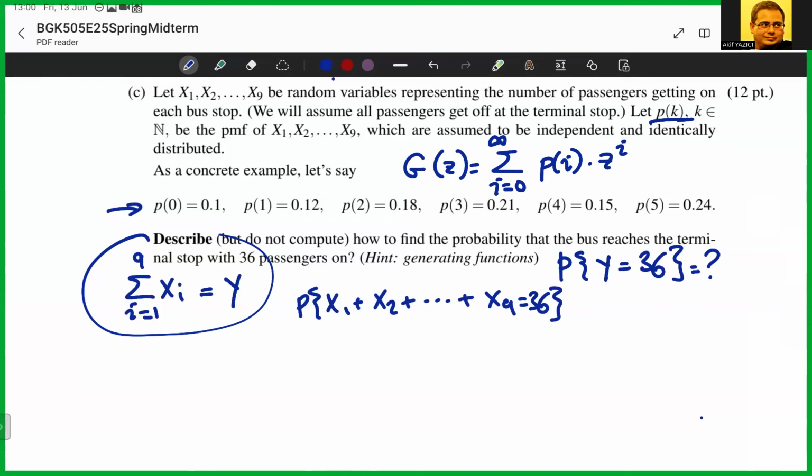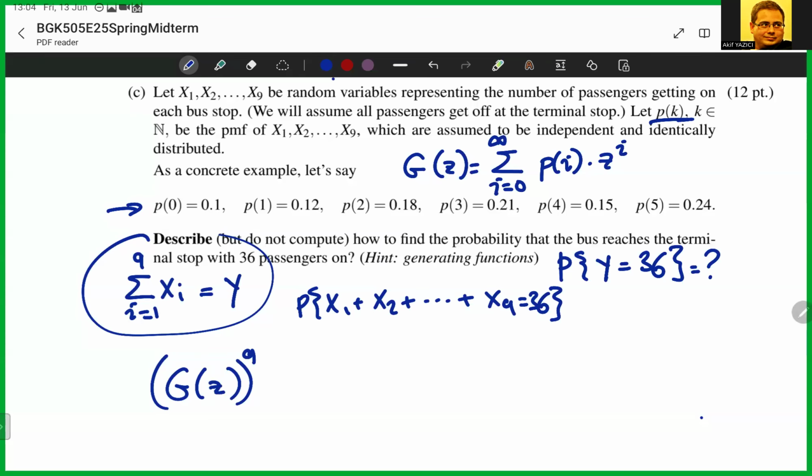And if I want to find the generating function of Y, their sum, what I need to do is just raise the generating function to the power 9. This will give me the generating function of Y. Let me denote that with g sub X of z.